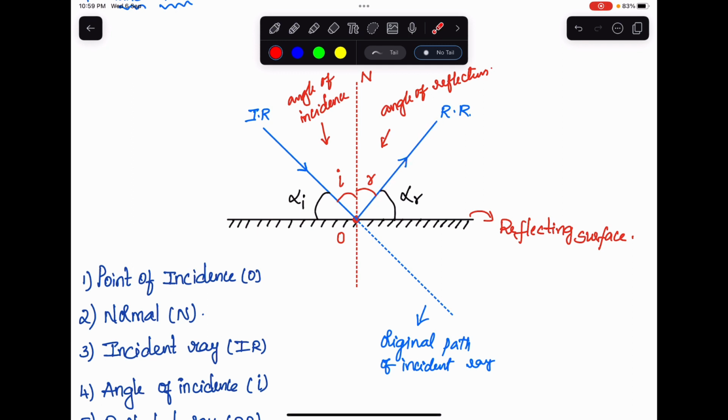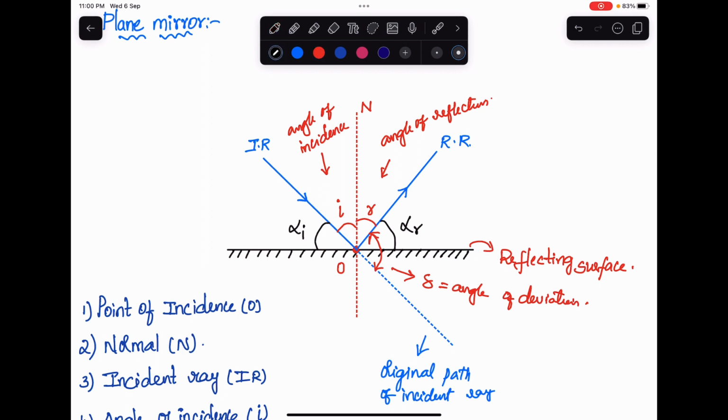So the angle measured between the original path of the incident ray and the reflected ray is called the angle of deviation. That's it. Angle of deviation.